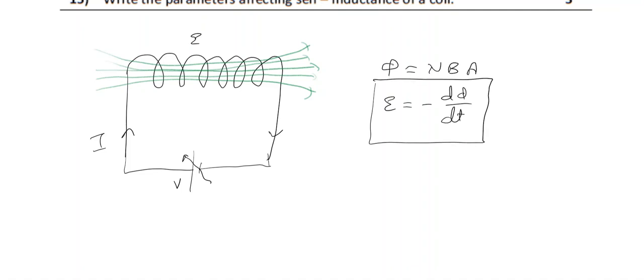See, in case of induction, we have induced EMF, but most of the time, induction takes place because of some change in some external magnetic field. Whereas here, there is no external magnet, there is no external magnetic field. There is induction taking place because of something changing in the coil itself, and so it is called self-induction.